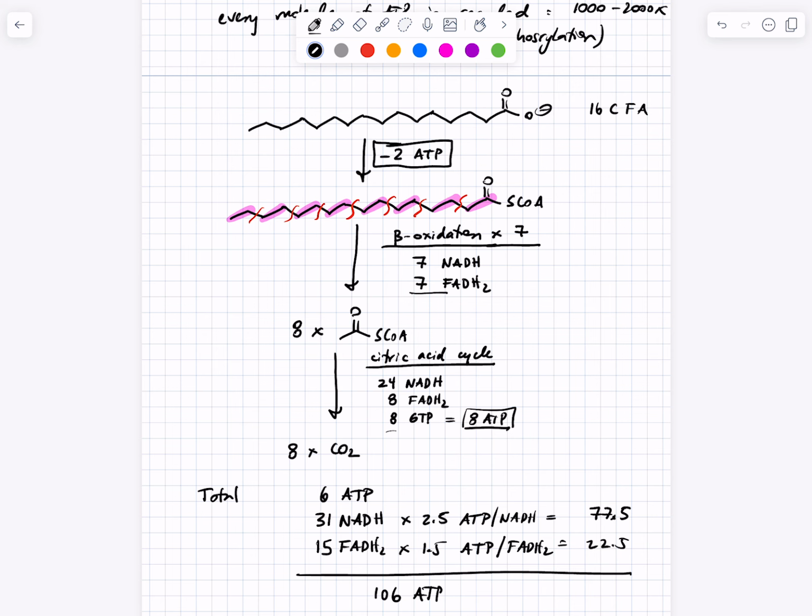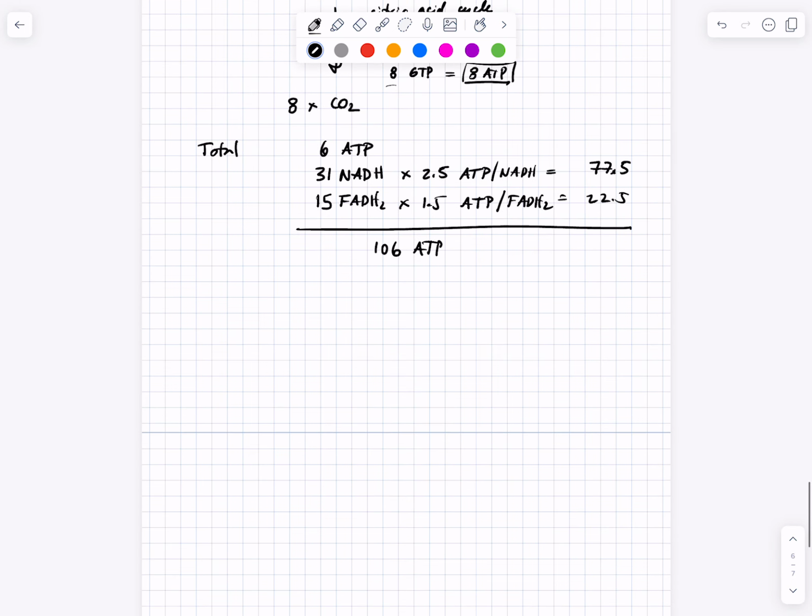All right. Now that's where I ended at 9, but we've got enough minutes to do the whole triglyceride. Shall we? So remember, 106 ATPs from a 16 carbon fatty acid.